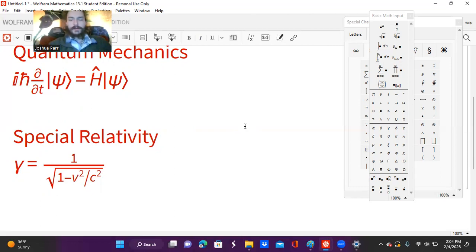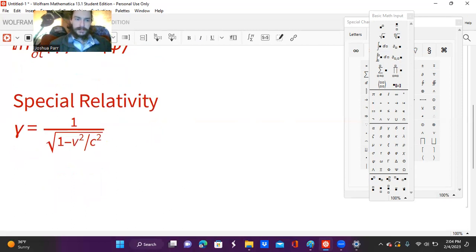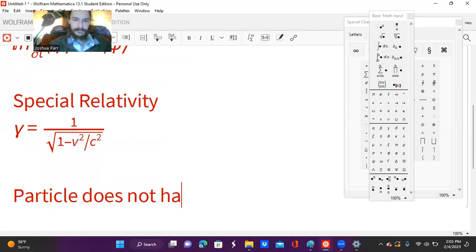A particle per se does not have a definitive position.